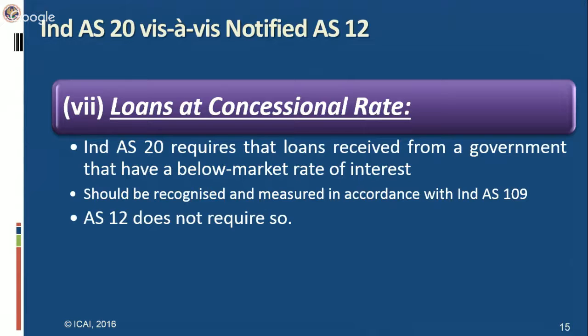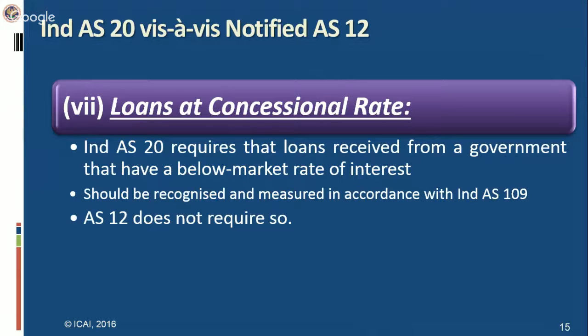Ind AS 20 requires that loans received from a government that have a below market rate of interest should be recognized and measured in accordance with Ind AS 109, because Ind AS 109 requires all loans to be recognized at fair value, thus requiring interest to be imputed to loans with a below market rate of interest.